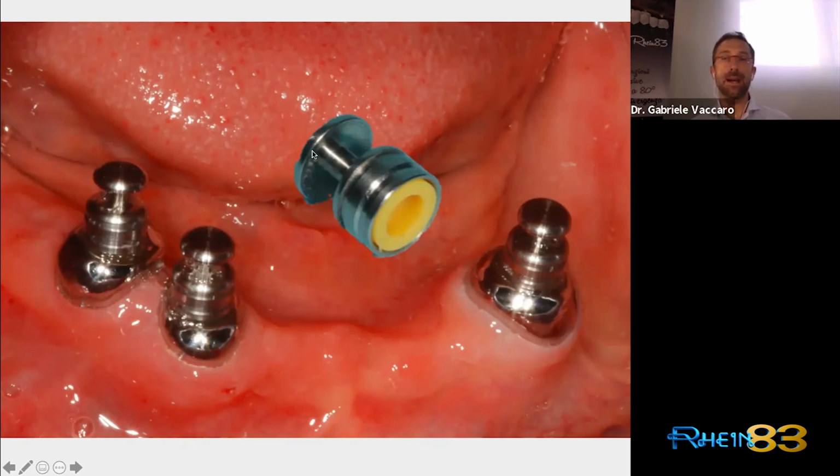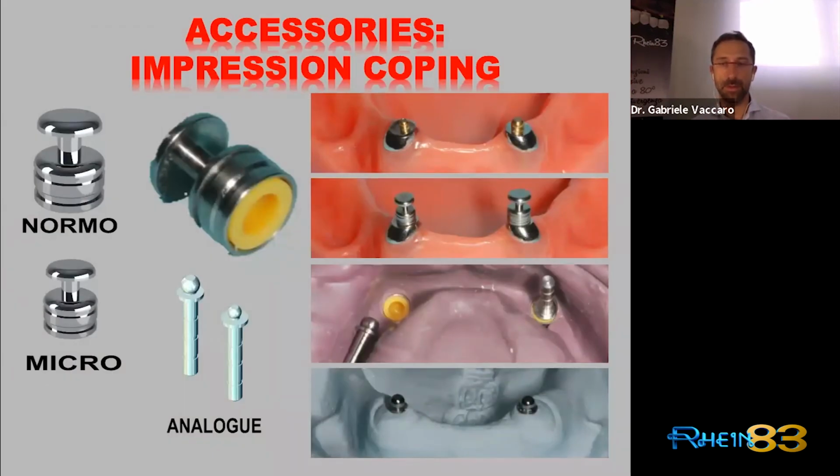And then some kind of umbrella that gives the retention. You have to squeeze the impression material right down here, so when you pick up your impression, it snaps out from the ball.